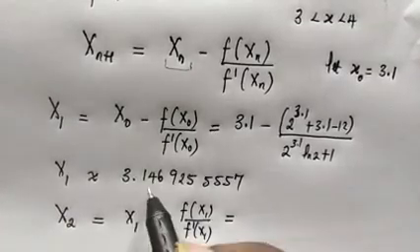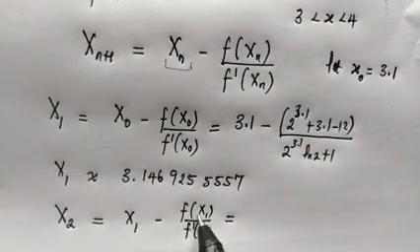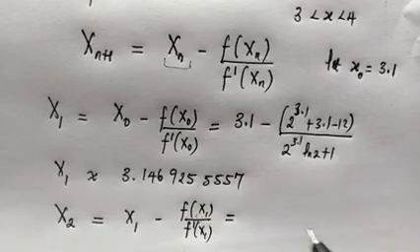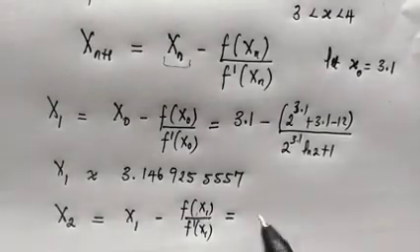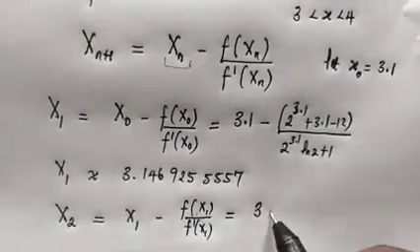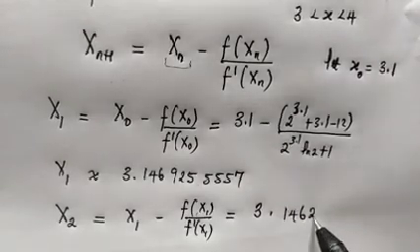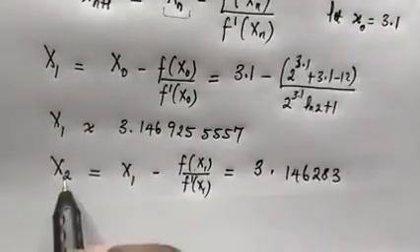Here, x sub 1 minus the inputs in the original function, which is 2 to the power of x plus x minus 12. So if you compute that, this one here is giving us approximately 3.146283. And then here, this is x sub 2.